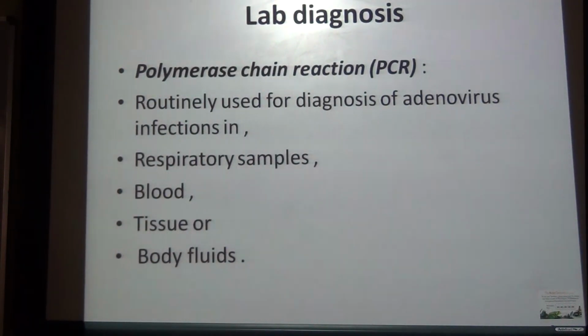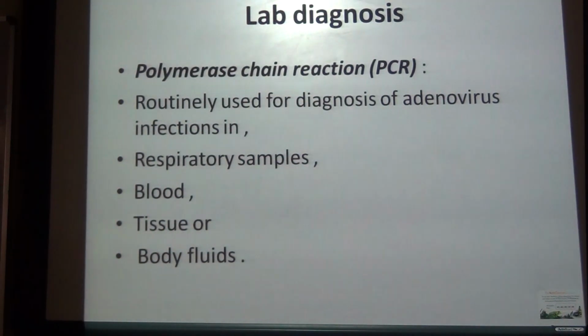Now the most important, sensitive and specific method of the viral infections diagnosis is polymerase chain reaction, or PCR, and this is routinely used for the diagnosis of adenoviruses and for other viruses as well.